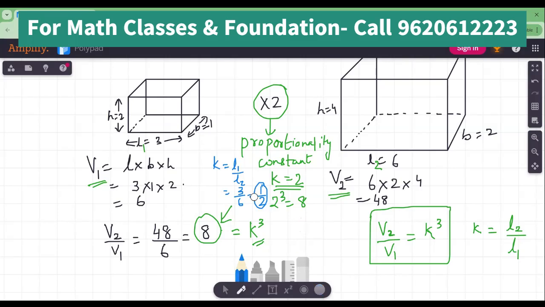So you have to make sure of this condition: if K is L2 divided by L1, then V2 divided by V1 will be K cubed, not the other way around. So writing the corresponding sides properly is very, very important.